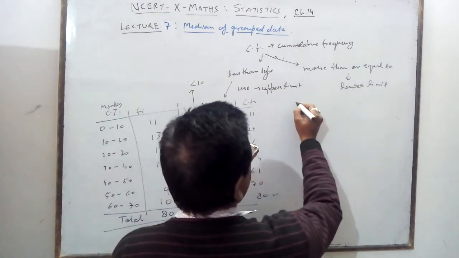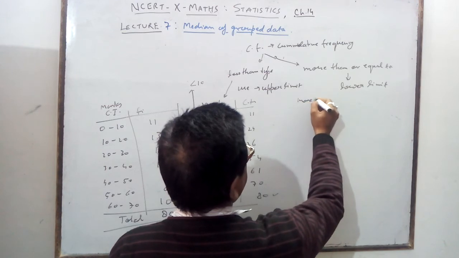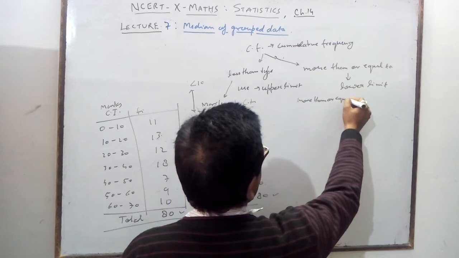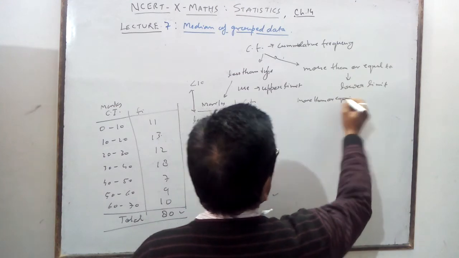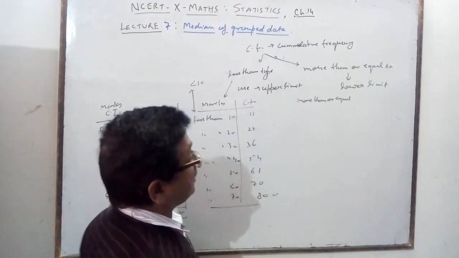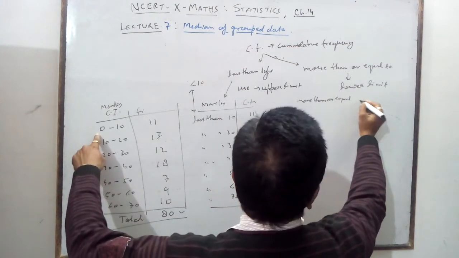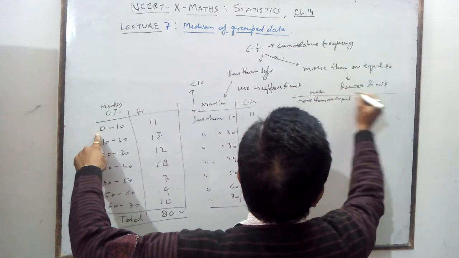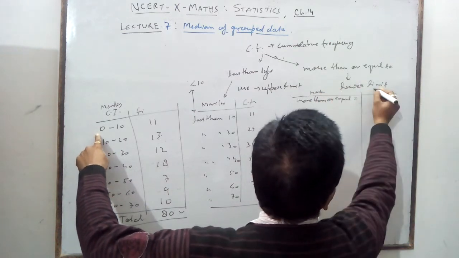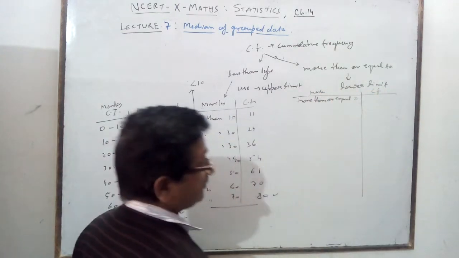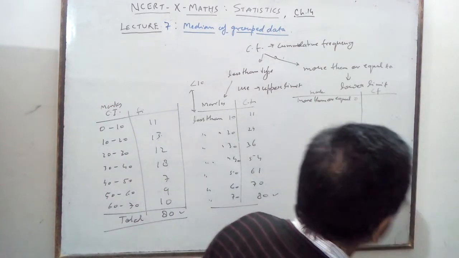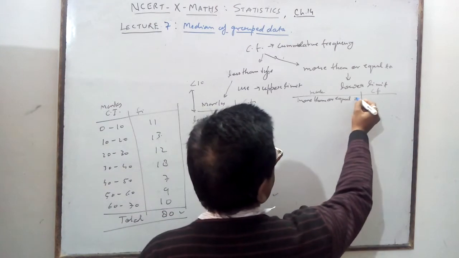If you want more than or equal to type, same thing. More than or equal to, what will you write? More than or equal to, what is the lower limit? 0. It is your marks and it is your CF. Then you will get more than or equal to 0.